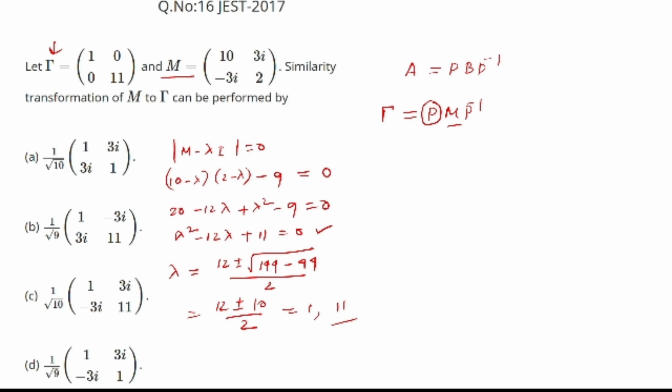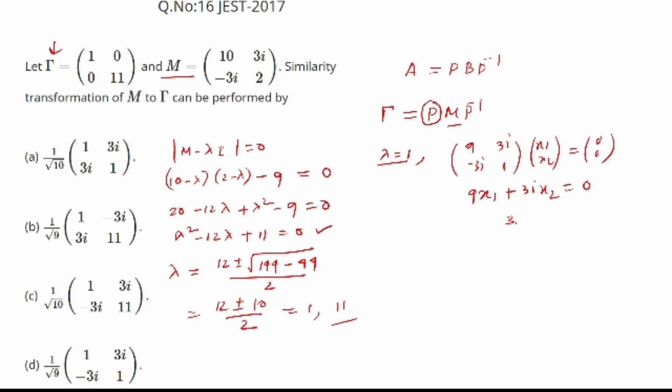So these are the lambda values. Corresponding to these two lambdas, we can easily find the eigenvectors. For lambda equals 1, what will be the eigenvector? So for lambda 1, 10 minus 1 is 9, then 3i, minus 3i, 2 minus 1 is 1, times x1, x2 equals 0 and 0. So the relation we get is 9x1 plus 3i x2 equals 0.